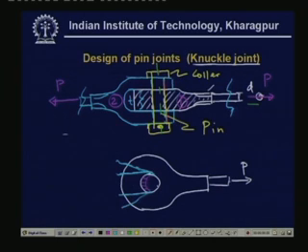So let us consider the free body diagram of this part. Free body diagram of the part will be now, so here we have this one.